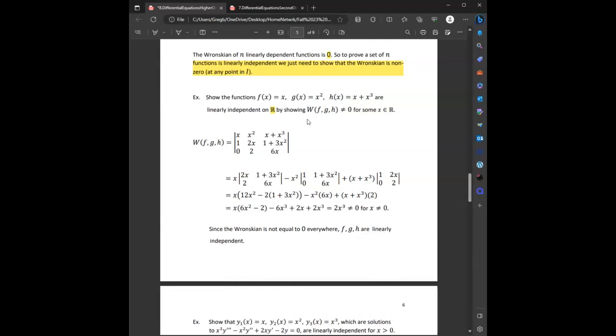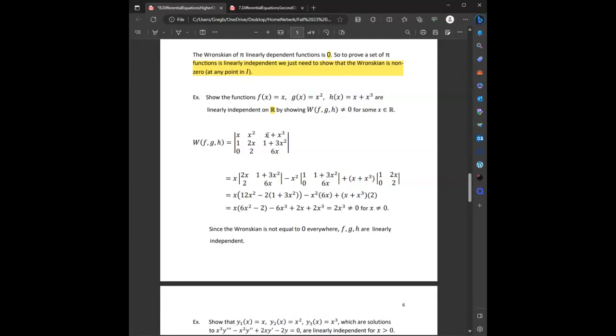Okay, so basically what's happening here is we need to show that whatever set it is, these are linearly independent, meaning that we cannot find scalar multiples or any multiples. We can't manipulate them in a way that is constant to get another function in the set.